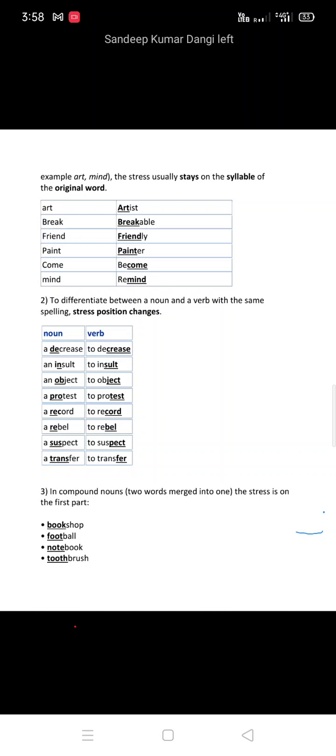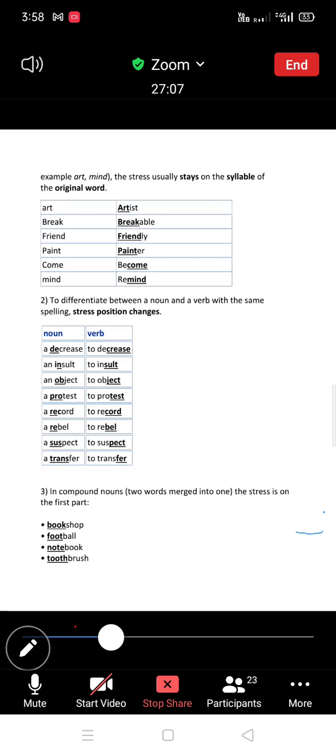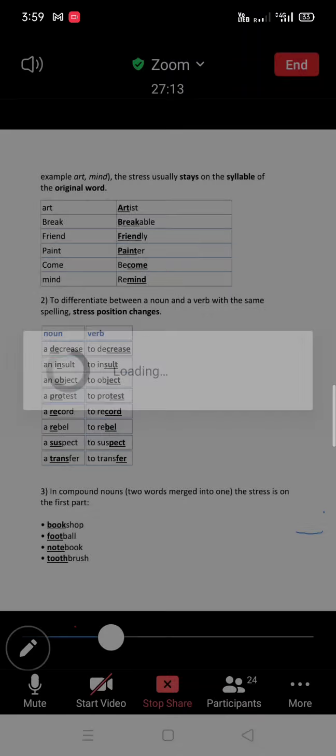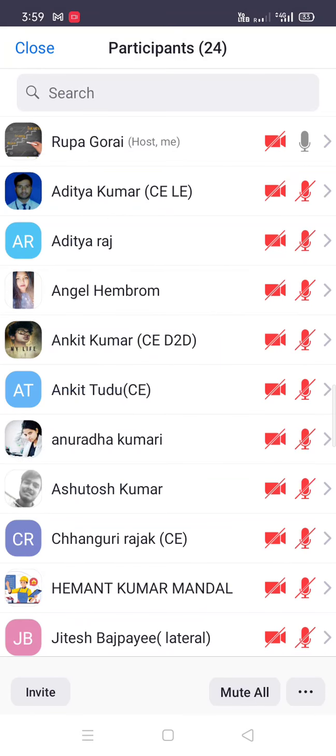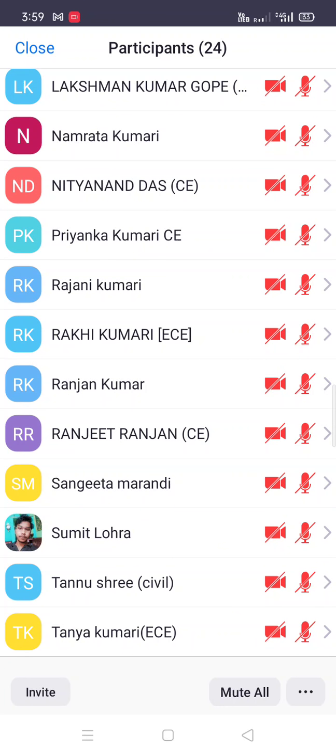Okay, now if you have any doubt regarding stress, you can ask me. Otherwise, I will move forward to intonation. There are so many intonation patterns to discuss. Do you have any doubt? No, ma'am.